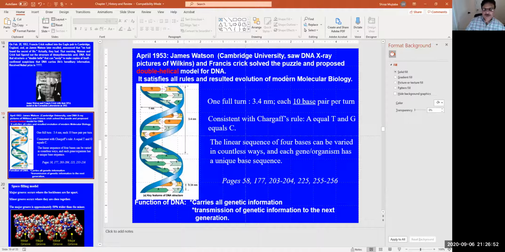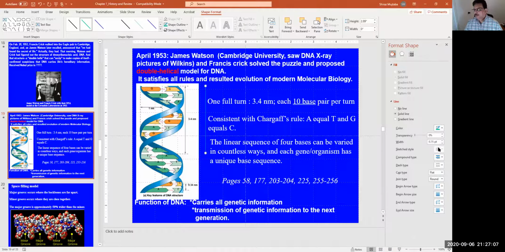So here, if you note carefully, this is one turn of DNA, 3.4 nanometers, and the distance between two bases is 0.34 nanometer.